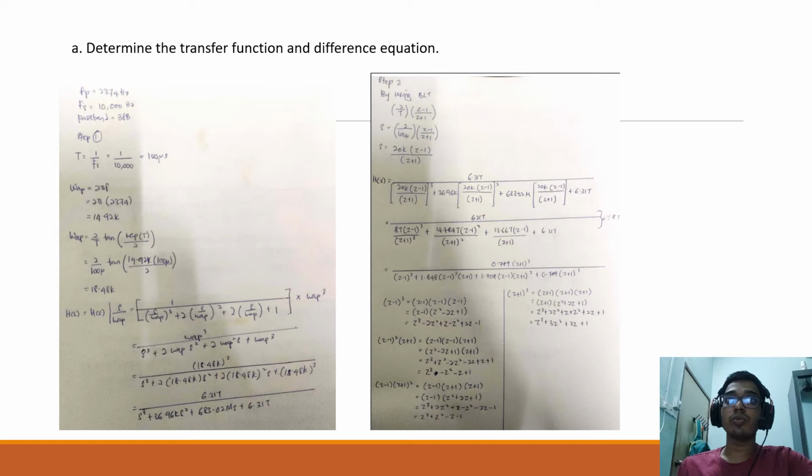After that, there is also an equation for Wp, which is 2 divided by T times tan of Wp times T divided by 2, as shown in this.